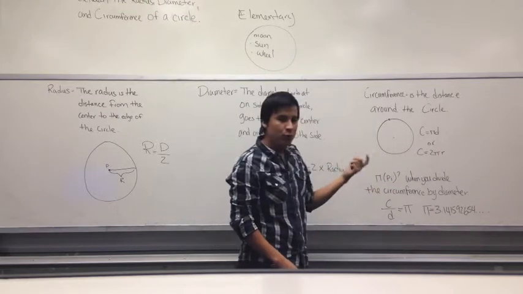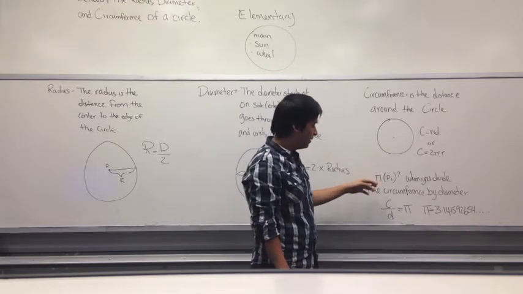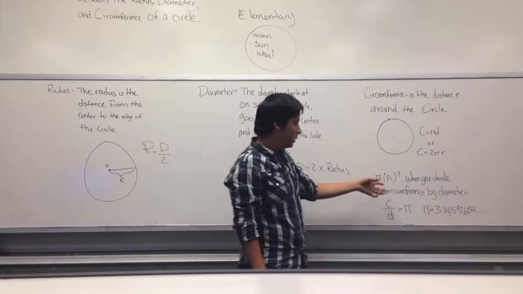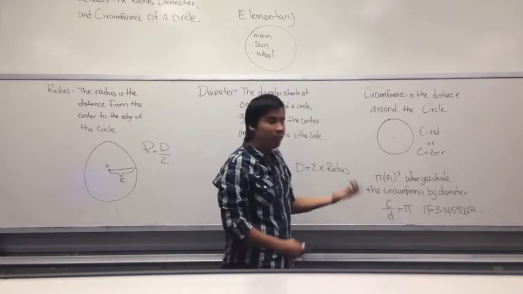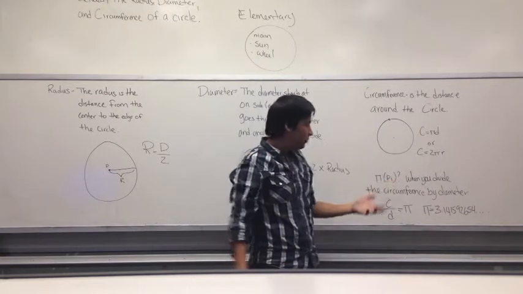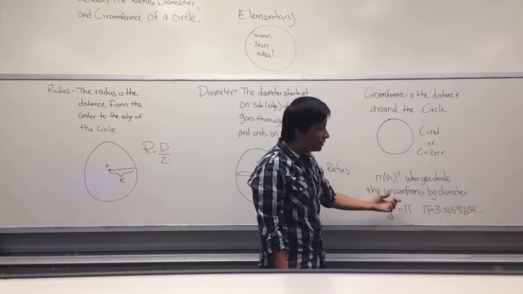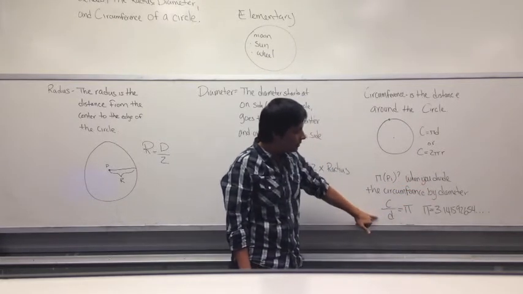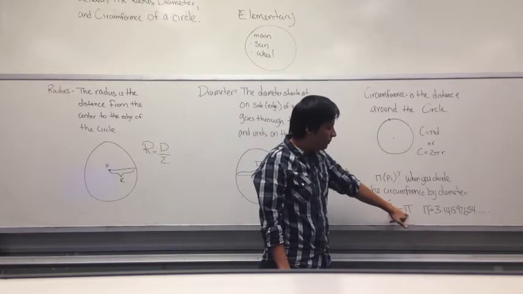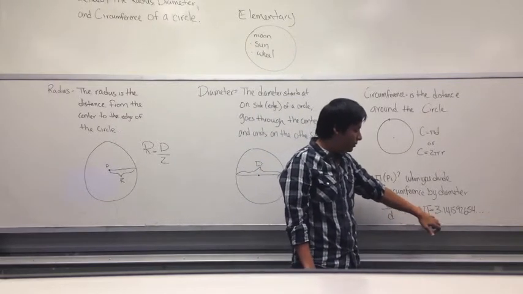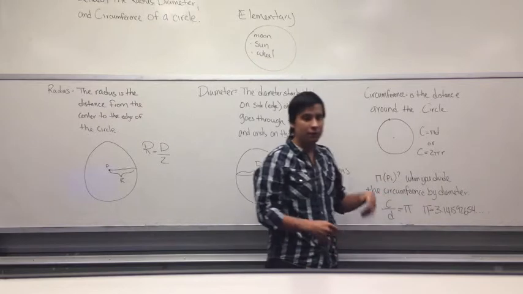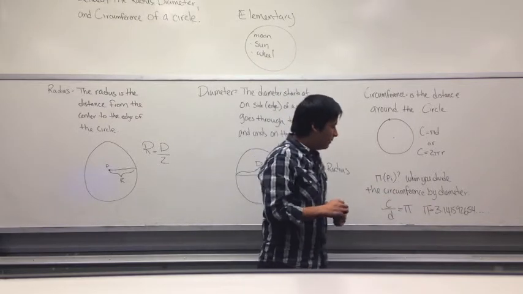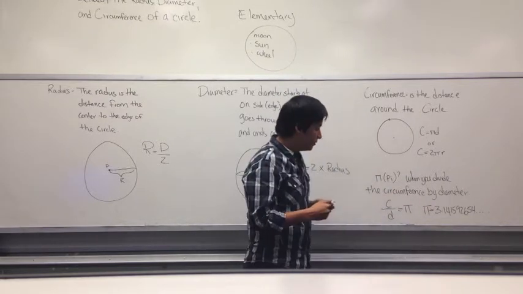Pi is a Greek letter. To find pi, you divide the circumference by the diameter: C divided by D is equal to pi, which equals 3.1415 and more digits, but in math we use 3.14.